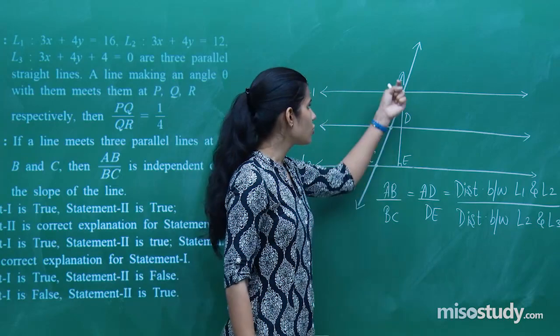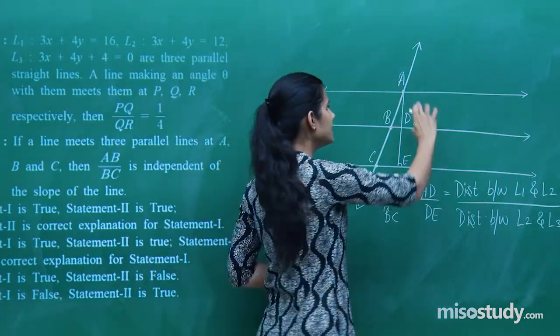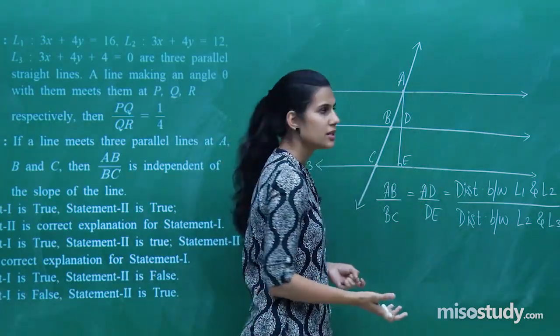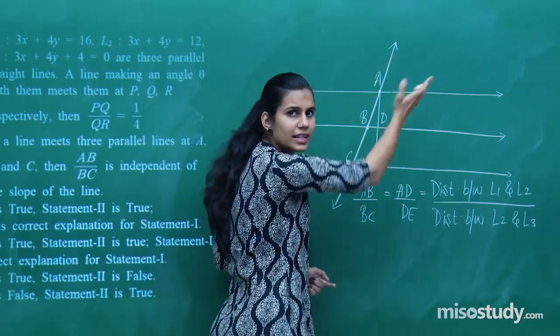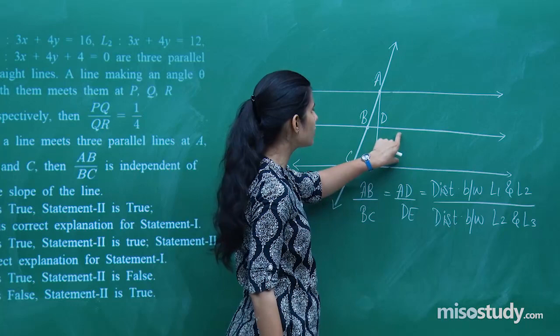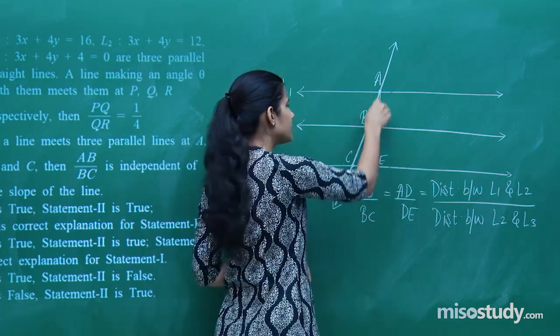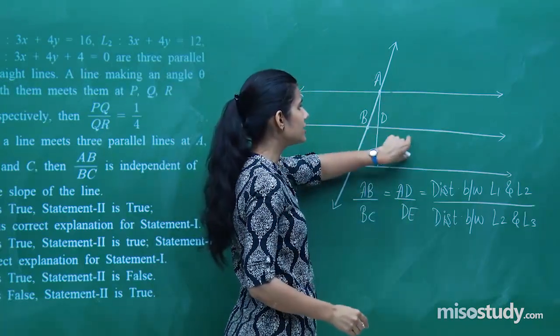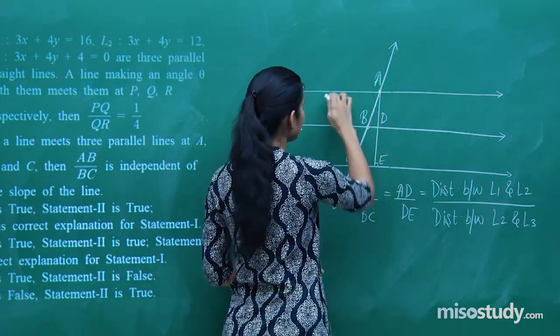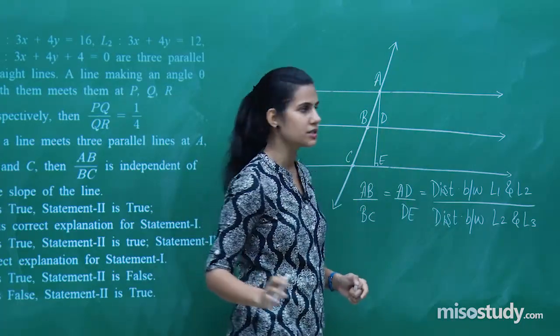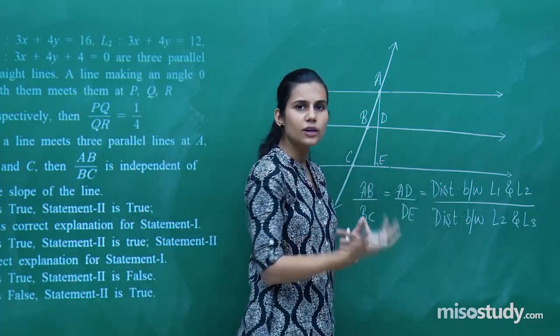Now whatever the slope of this line is, obviously this distance can never change. This slope can be made with more inclination, with less inclination, but eventually it is going to be coming out with the help of this perpendicular. It will be these two distances only which are not going to change ever. This line can change its position, but these three lines are not changing their positions. They are at a distance at which they already are.